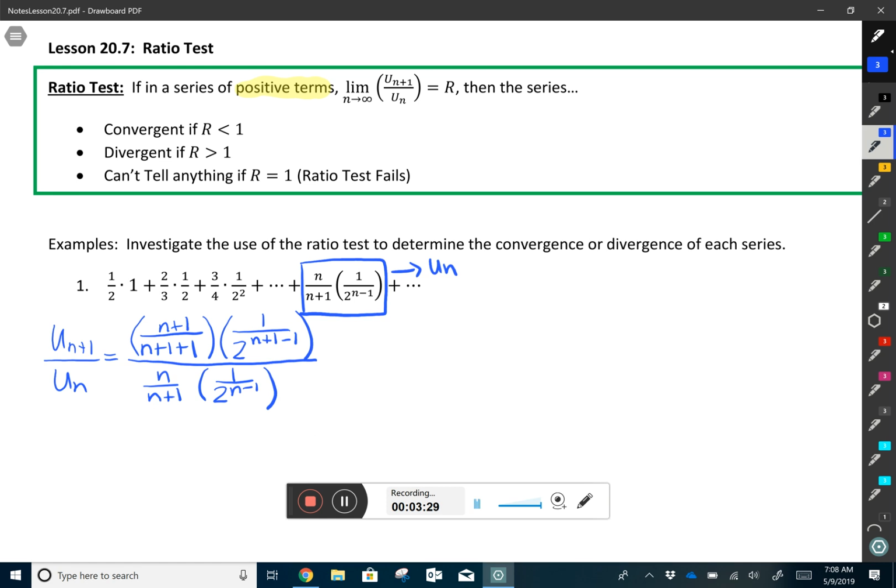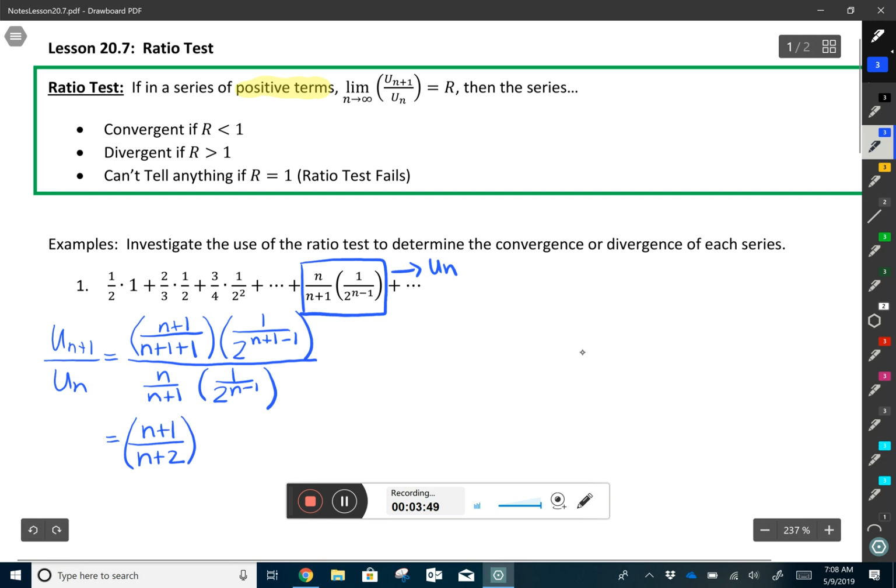And so now I'm going to simplify numerator and denominator. I have a fraction over a fraction, so I'm going to take my numerator and multiply by the reciprocal of the denominator right away so that I can cancel things out. So then my numerator, I'm going to have n plus 1 over n plus 2 from that multiplied by 1 over 2 to the n.